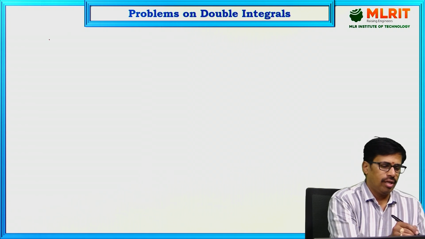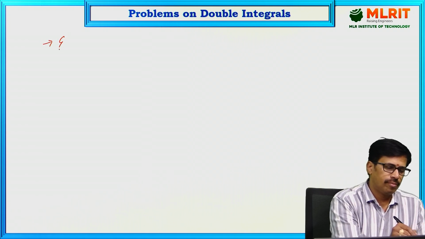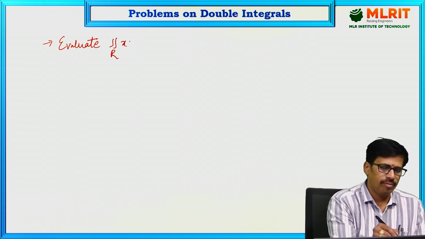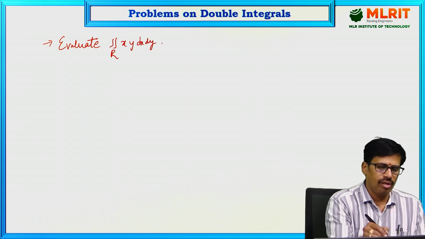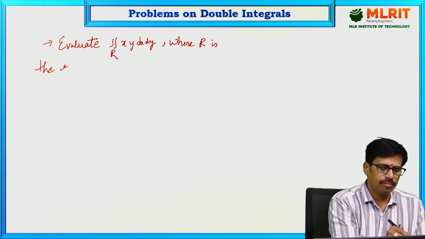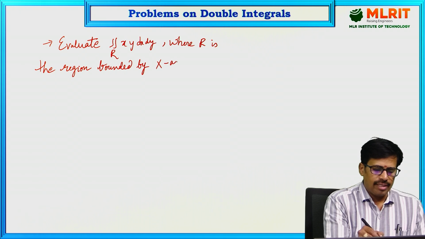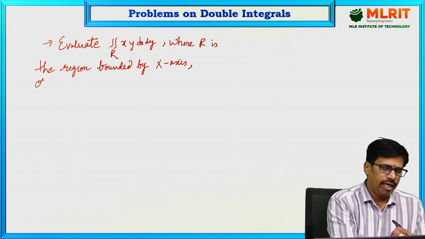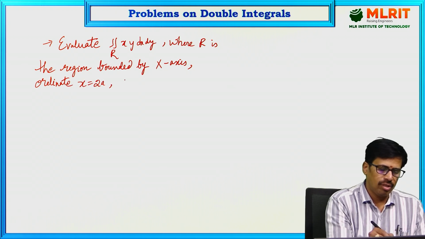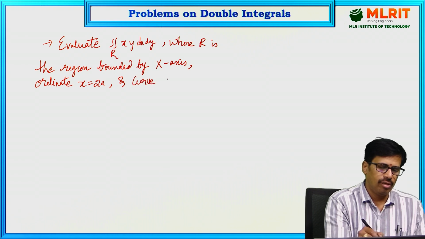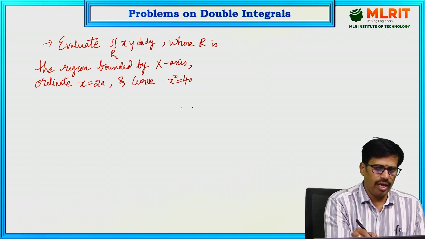Evaluate the double integral over the region R of xy dx dy, where this R is the region bounded by the x-axis, the ordinate x equal to 2a, and the curve x square equal to 4ay.